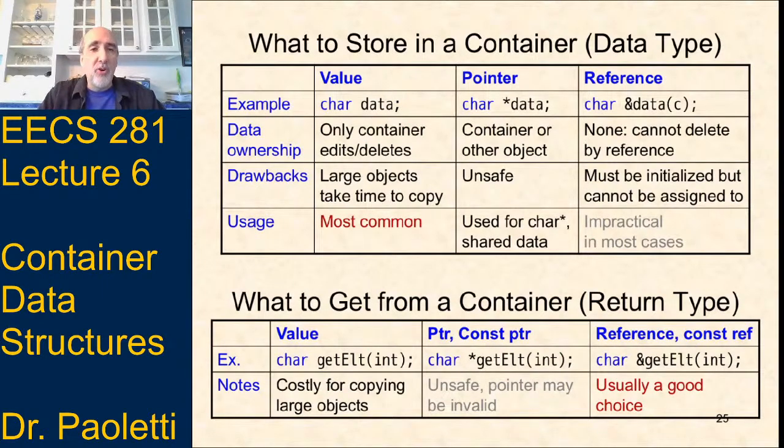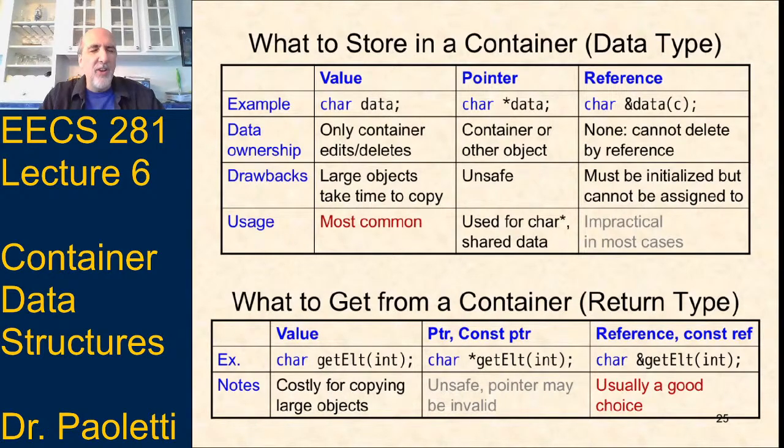Okay, what am I going to put in my container? I could put whatever type I want to. If I'm going to store characters, I could put characters in my container. Now, my data ownership is the container owns it.